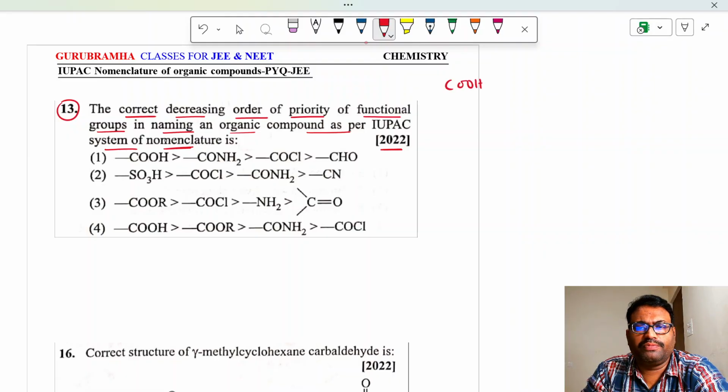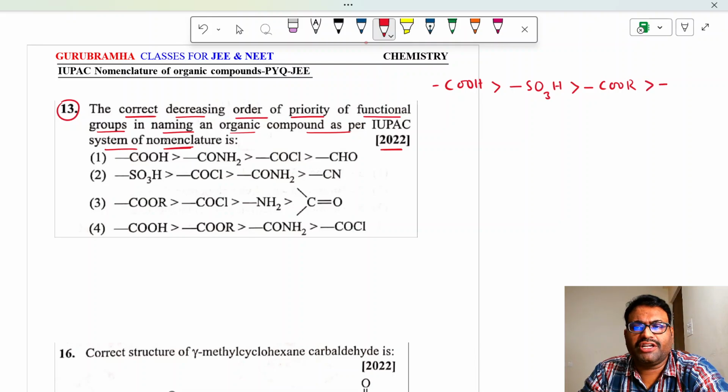COOH functional group has the highest priority. COOH is carboxylic acid. Next SO3H, sulfonic acid. Next COOR, ester. Next COX, acid halide. Next CONH2, acid amide or just amides.